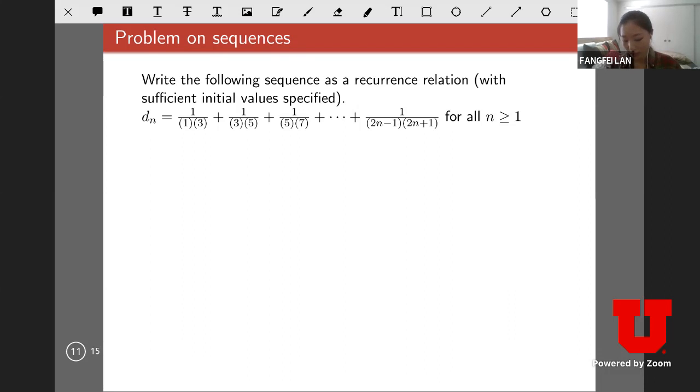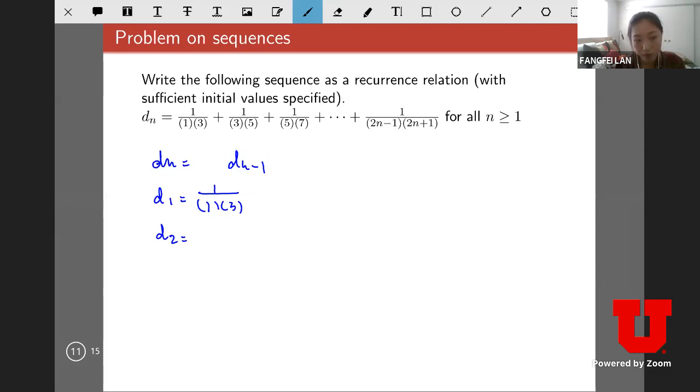So we have this thing, and we want to write this. This is a closed form, right? Because it has n in it. So we want to write this as dn equals dn minus 1 plus something. How do we do this? We can write the first few terms. d1 is equal to 1 over 1 times 3.